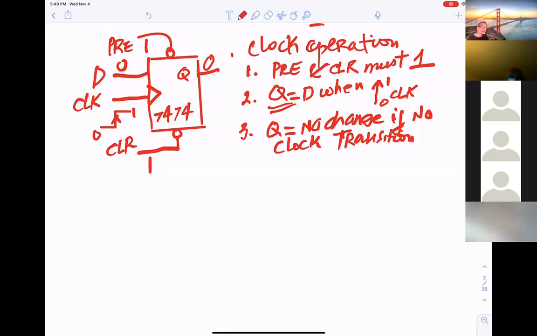Okay? If Q is not 0, what do you need to do?